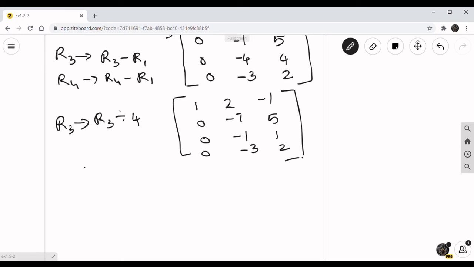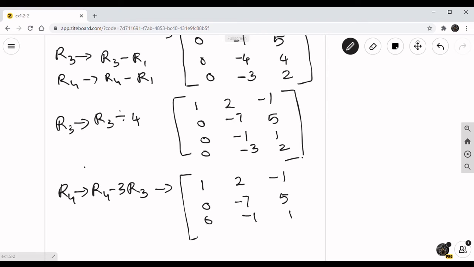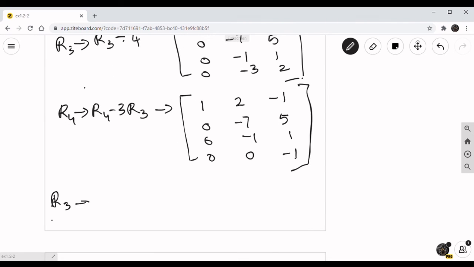Next step, again we can adjust row 4. Row 4 is written as row 4 minus thrice of row 3. Then row 3 is 7 row 3 minus row 2.